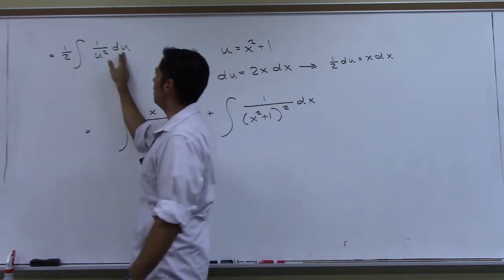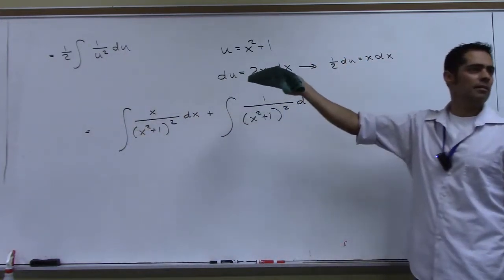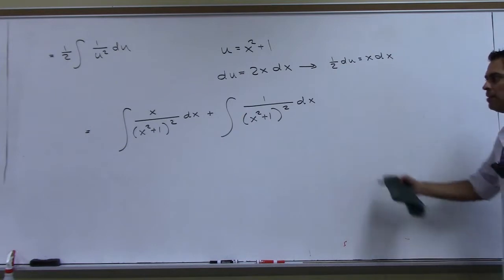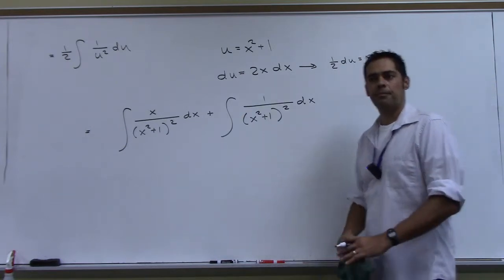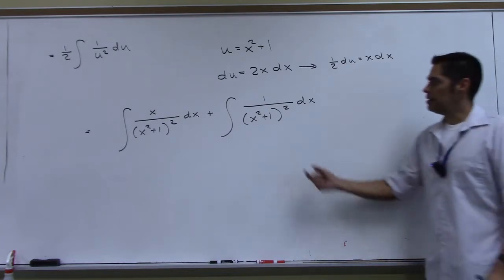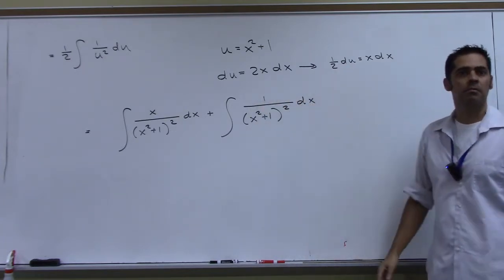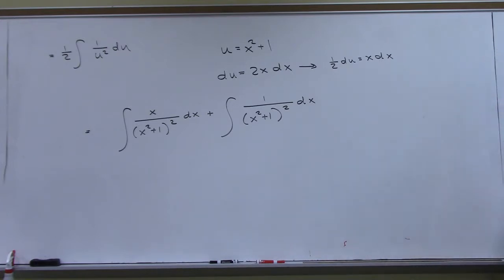So there's your 1/2 du, and then I had 1 over u squared. And we can handle that, right? But can you do this one the same way? You cannot, right? Because if this is u, where's du? It's nowhere. You don't have an x up here, do you?